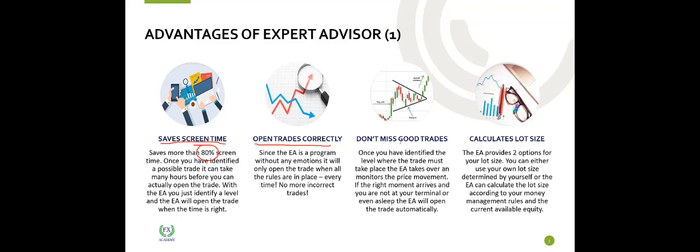Of course, when you use the expert advisor, you can set it up at night before you go to bed, or in the morning before you go to work, and the trade will be opened when it is ready. So from now on, you won't miss any trades anymore, because there's sometimes a sudden break of the line or whatever, and if you're not there to open the trade, it's too late to take it. This will not happen anymore.